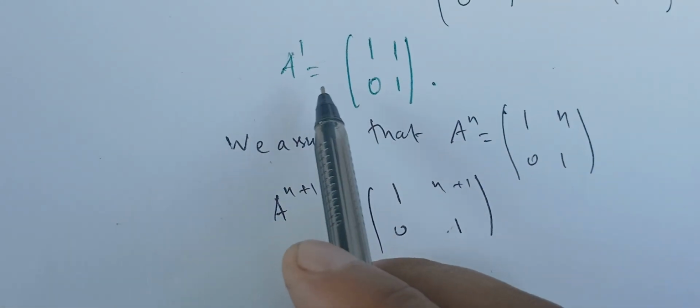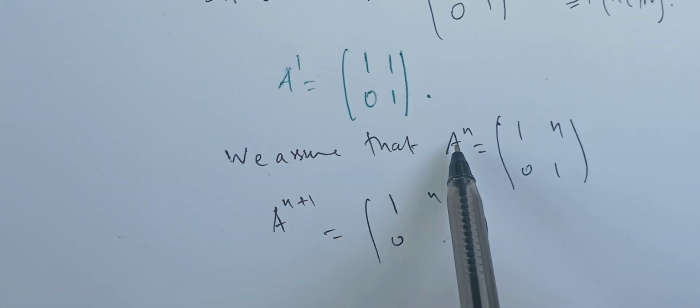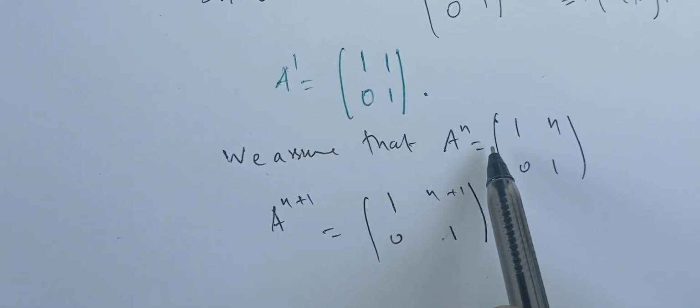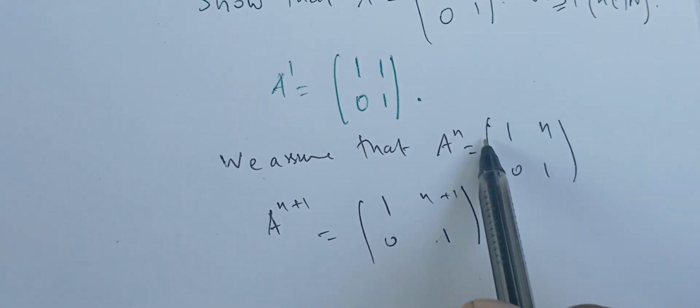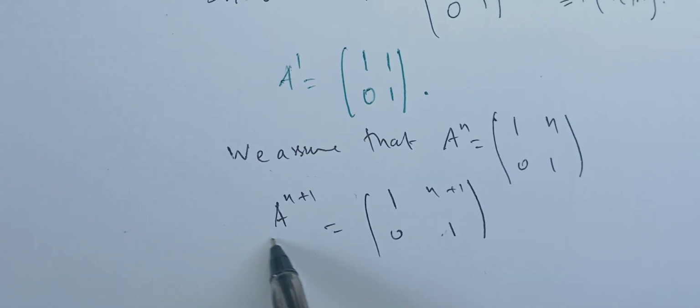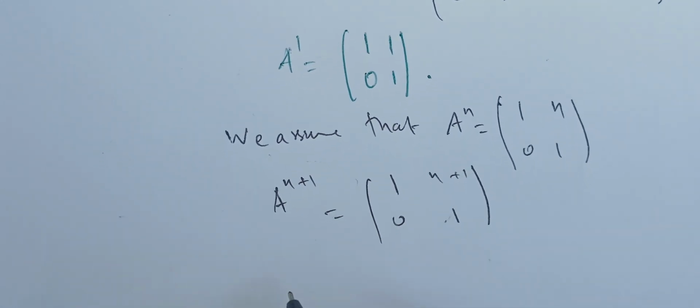So here we proved that this property is true for n equals 1. We assume that it's true for n. That means we assume that A to the power n is written in this form, and we need to show that A to the power n plus 1 is 1, n plus 1, 0, 1.